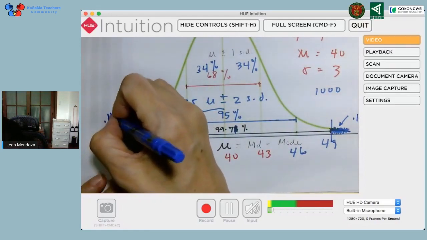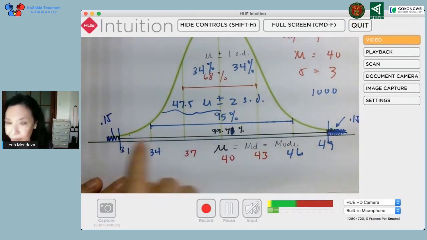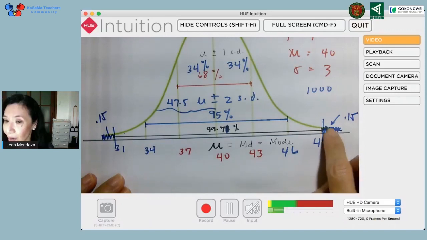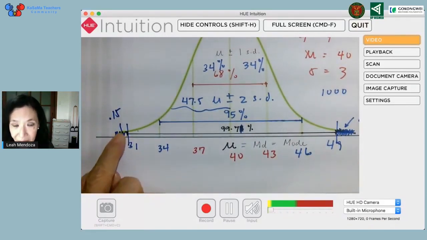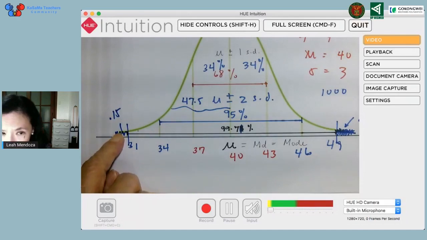It is also 0.15. Okay, why? Because this is a symmetrical curve. Whatever is the area here above the 3 standard deviation mark is also this area here below this 3 standard deviation mark. Okay, 0.15%. Very good.